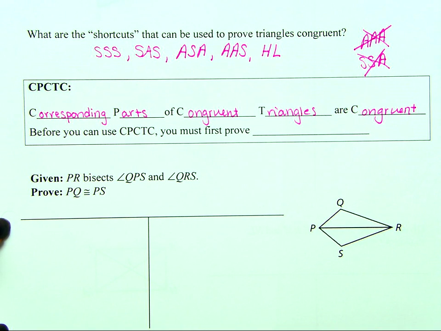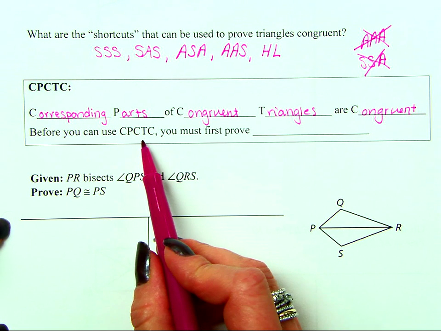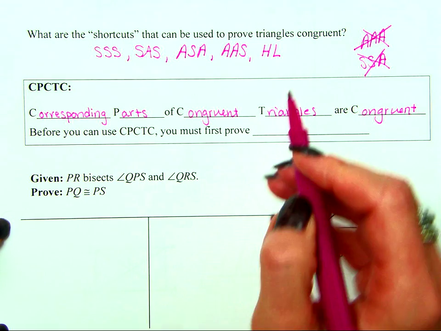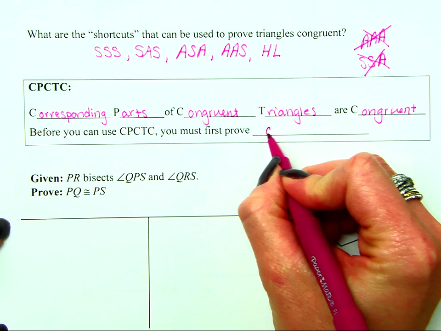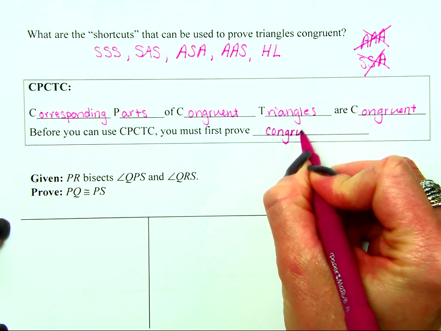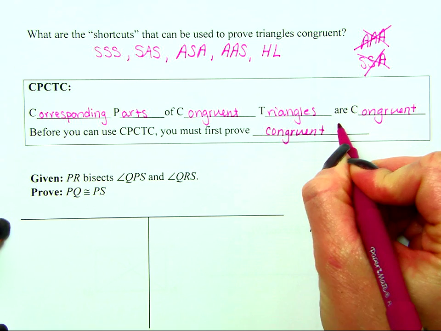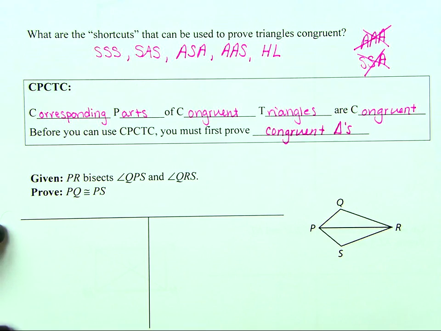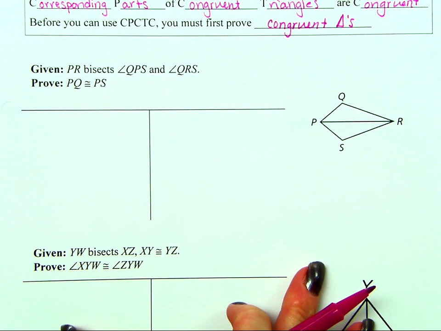And we're going to use that in our proof today. However, underneath you'll note that before we use a reason of CPCTC, we must first prove congruent triangles. So let's take a look at how this would work.